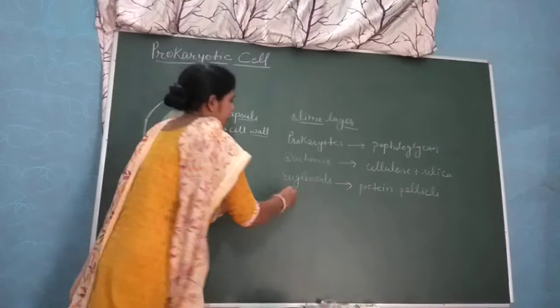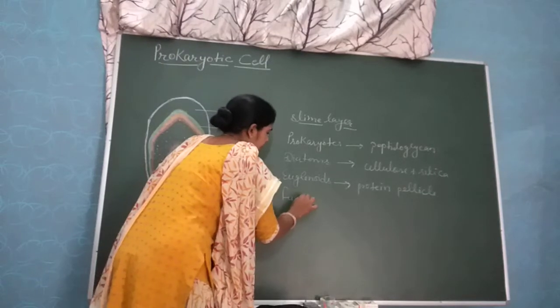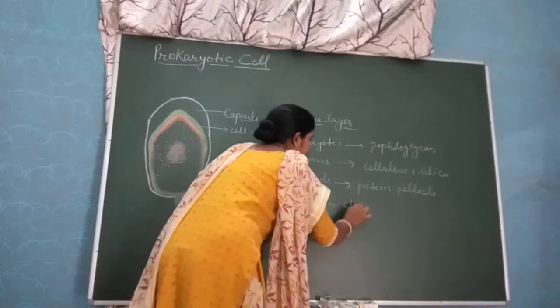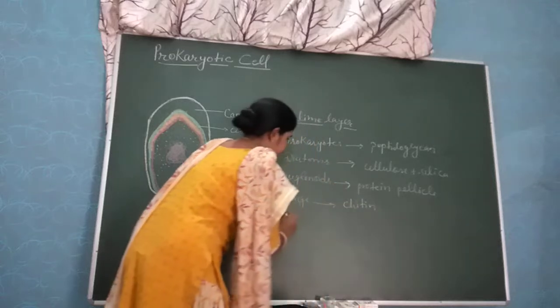Then in fungi, this cell wall is made up of chitin.